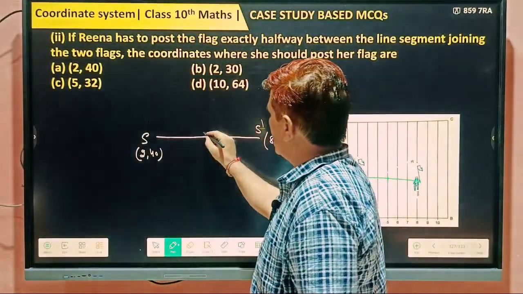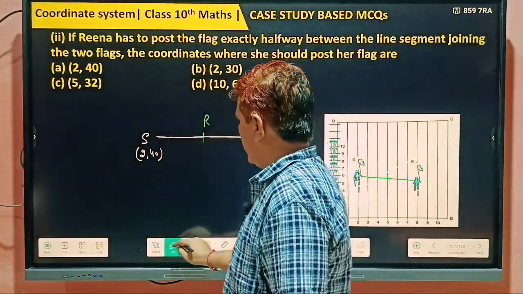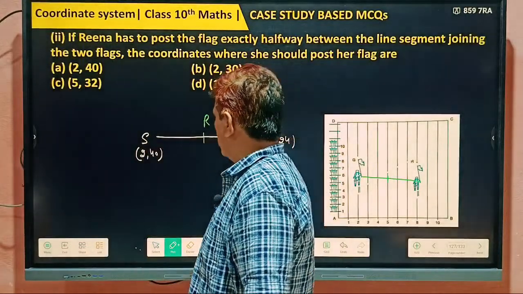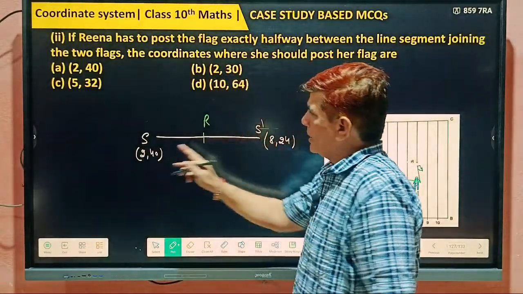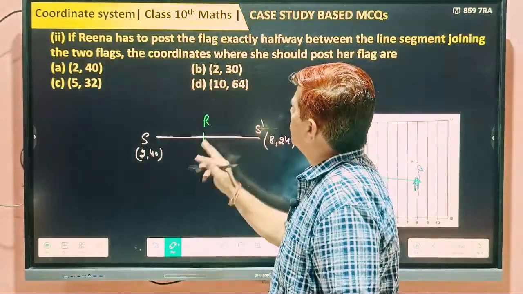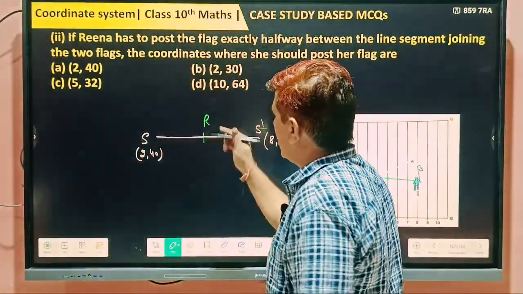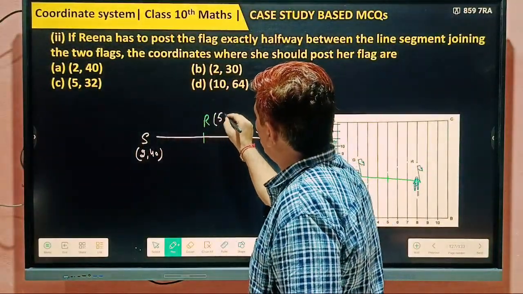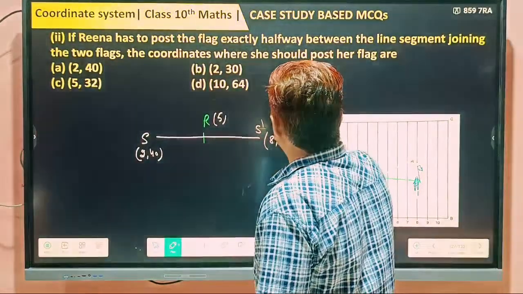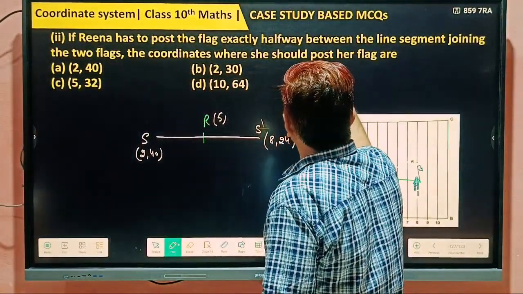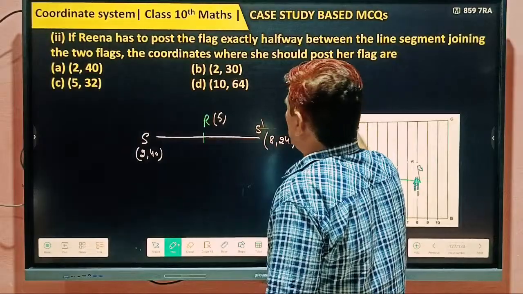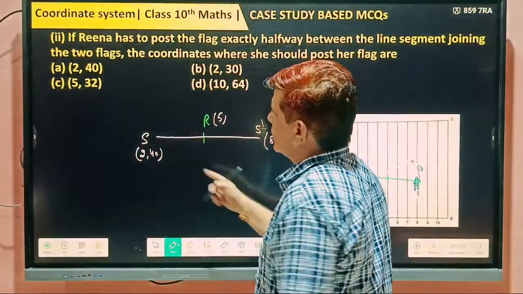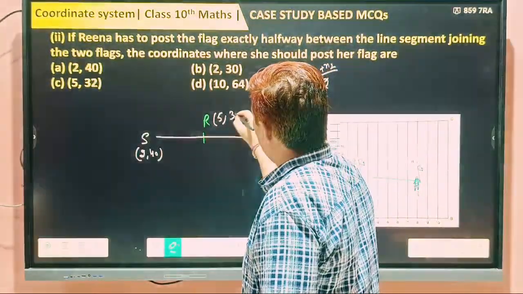So I'm saying this is the midpoint R for Reena. Understood? So this plus this, 8 plus 2, 10 by 2. So its X coordinate, by the midpoint formula, X is equal to (X1 plus X2) divided by 2. Y1 plus Y2, 64 by 2, 32.